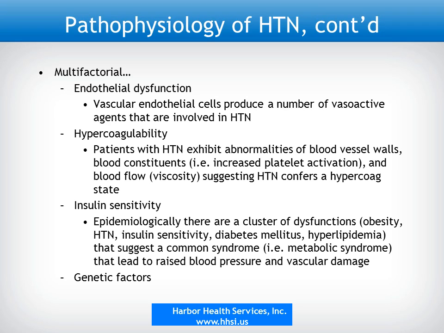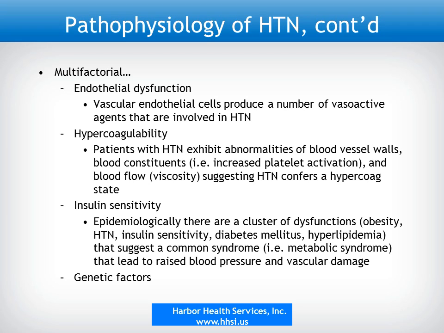Another factor is insulin sensitivity. There's a cluster of dysfunctions, a lot of times labeled as metabolic syndrome. The dysfunctions are obesity, hypertension, insulin sensitivity or diabetes, and hyperlipidemia. A lot of times they all go together, and it's termed metabolic syndrome, that lead to increased blood pressure and vascular damage.